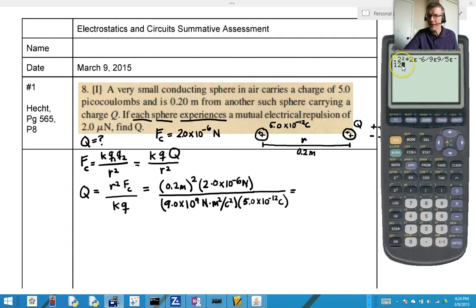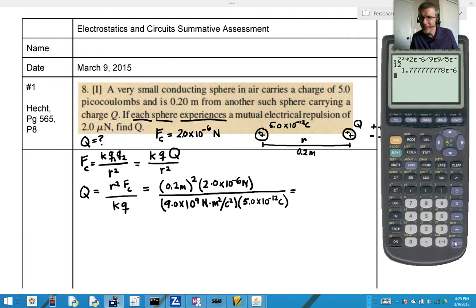So let's read over this again: 0.2 squared times 2e to the minus 6 divided by 9e to the 9th divided by 5e to the minus 12. Okay, here we go. So we're getting there almost here. I've got 5e to the minus 12, and I've got 9e to the 9th and 2e to the minus 6. Hey, you know, it's okay. Double check a couple times. That's fine. Enter.